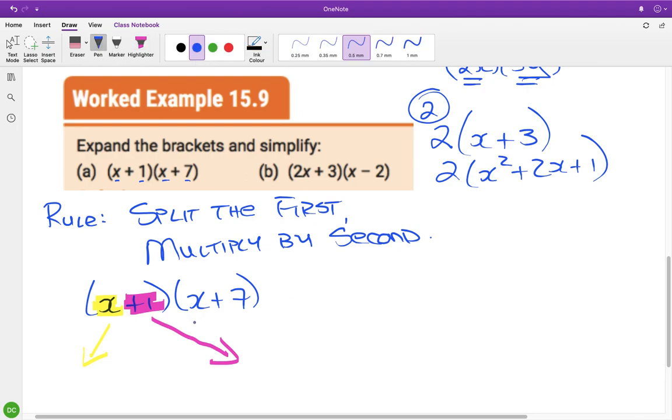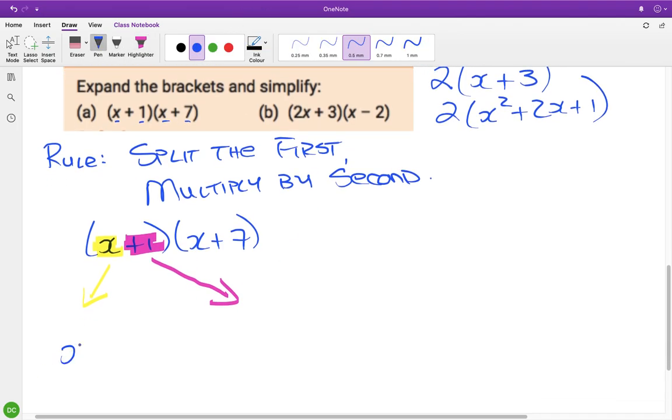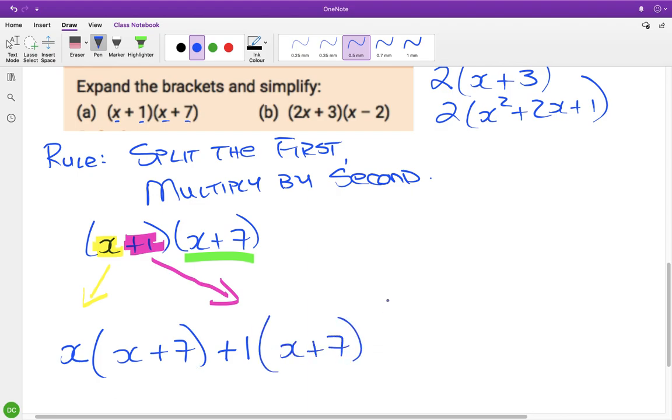Okay, so I'm going to take the first part of the bracket and put it here, and the second part of the bracket and put it here. Okay, and in between, I'm going to put this bracket. So it's going to go here, and it's going to go here. Okay, so hopefully the colour helps there.